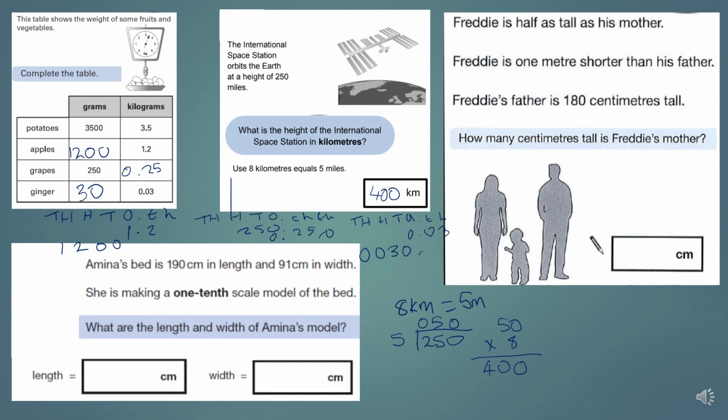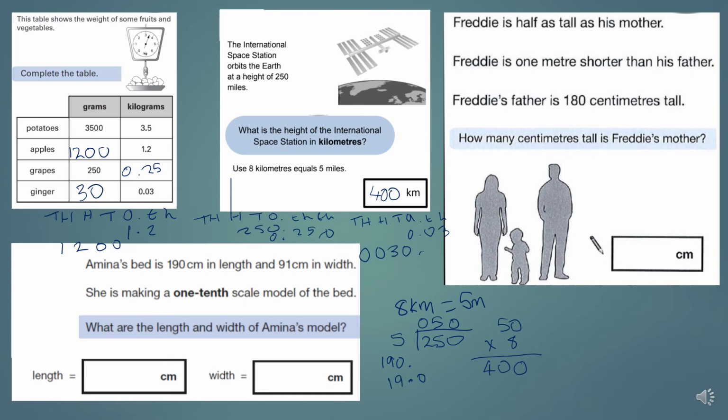Okay. Amina's bed is 190 centimetres in length and 91 centimetres in width. She is making a 1/10 scale model of the bed. What are the length and width of Amina's model? So she's making a 1/10 model, so she's dividing both numbers by 10. So 190 on our place value, everything's going to move to the right once.